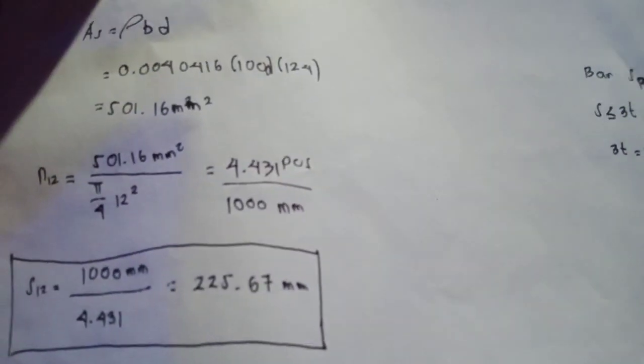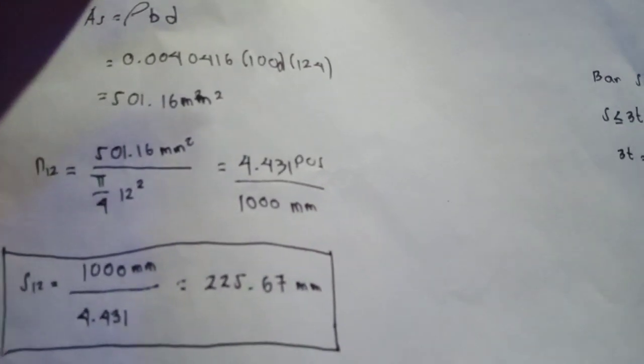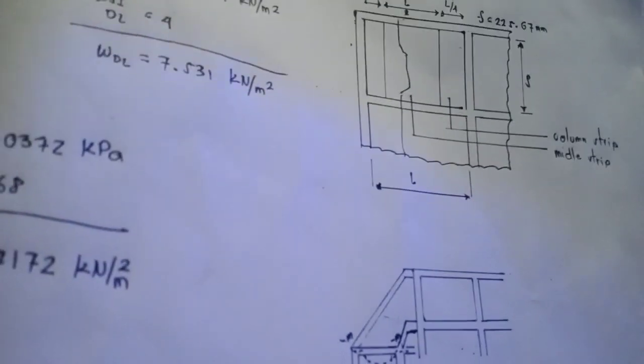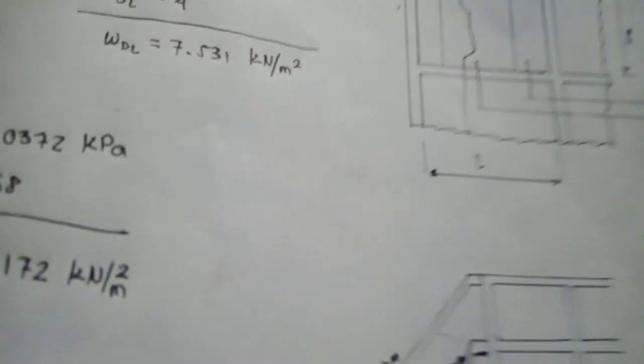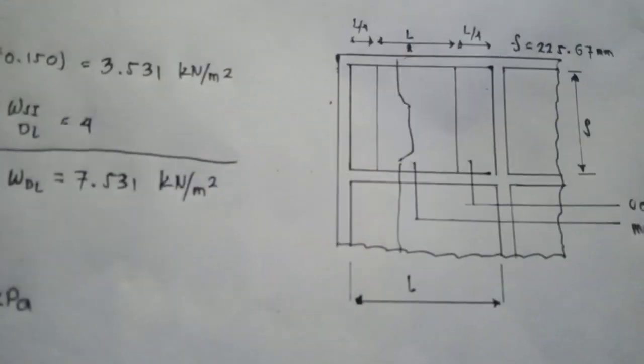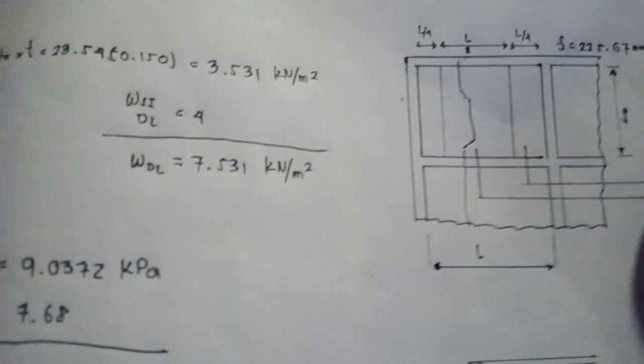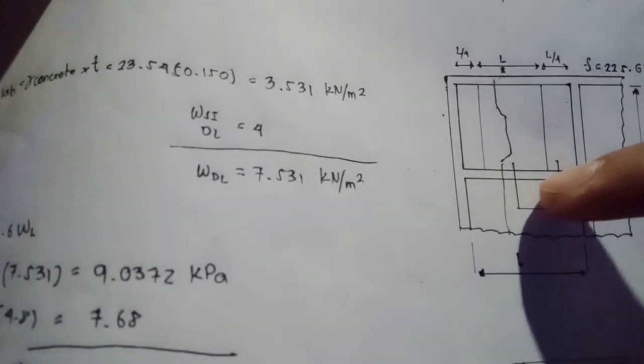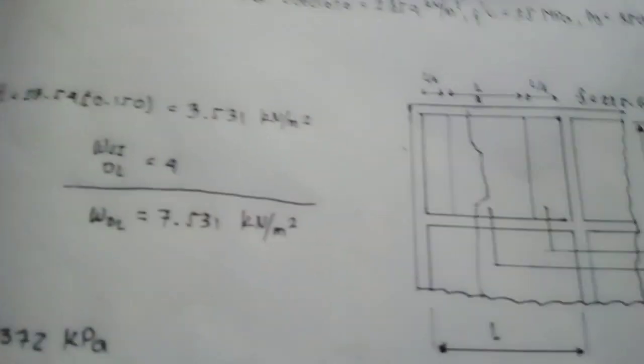So between the two, it is impractical to adopt different spacing for negative and positive when we are using a bent bar. Meaning the spacing of this and the spacing of this must be taken the same.